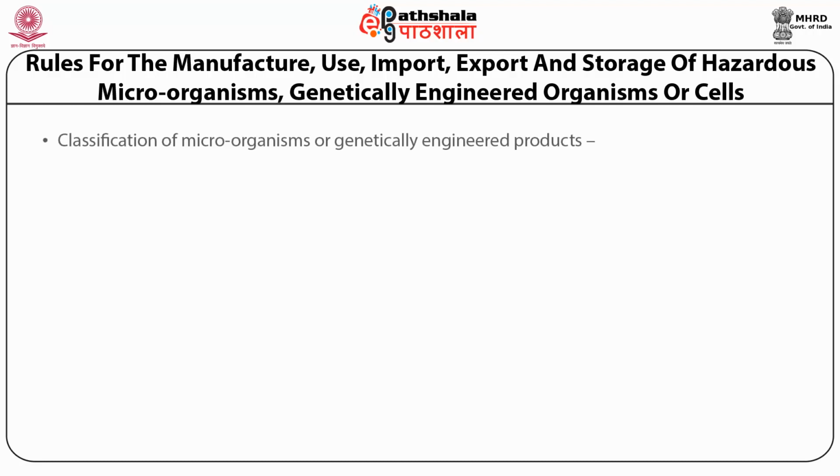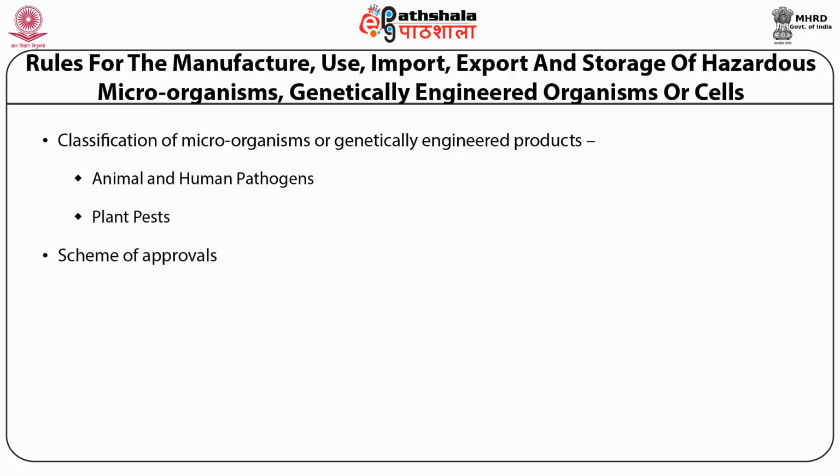This rule classifies microorganisms or genetically engineered products into two categories: animal and human pathogens, and plant pests. This rule also provides a scheme for approval of various projects in which these kinds of hazardous microorganisms or genetically engineered organisms are involved.